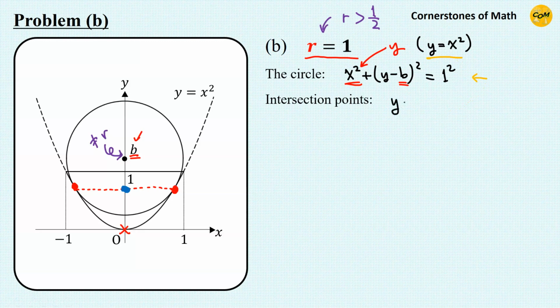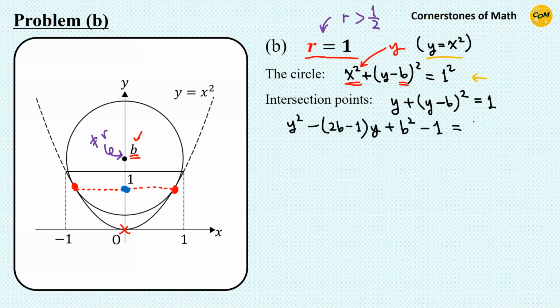Then we have y plus (y minus b) squared equals 1. And if we expand this, we have y squared minus (2b minus 1)y plus b squared minus 1 equals 0. The solution of this quadratic equation represents the y-coordinates of the intersection points between the circle and the parabola.